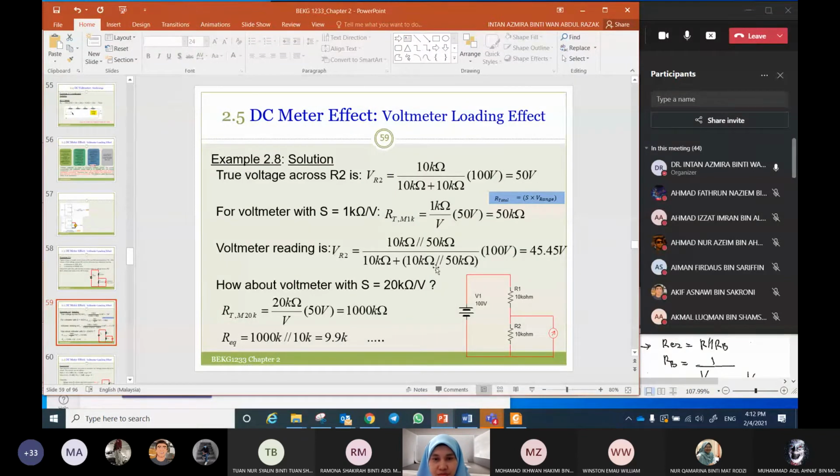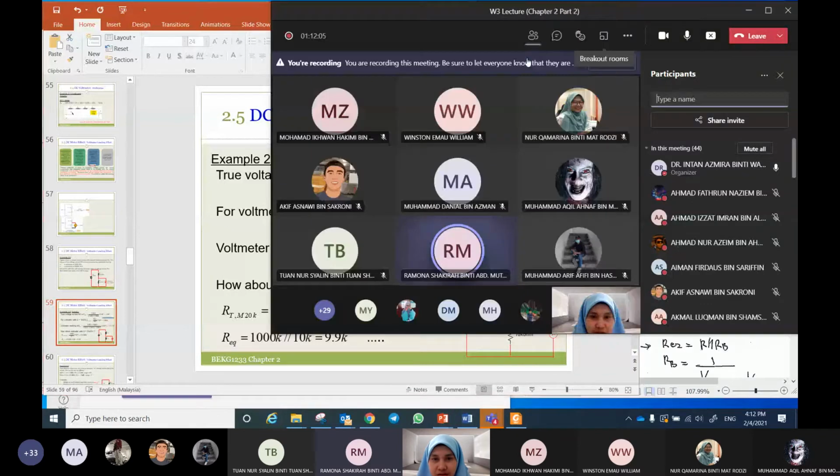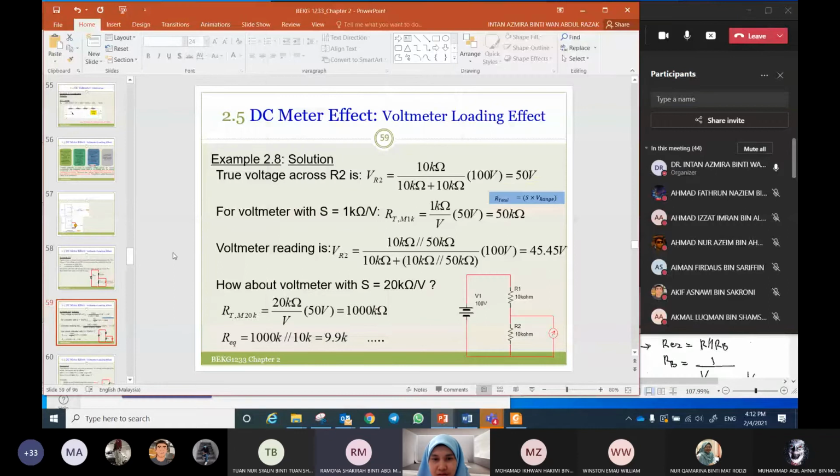How to find VR2? 1000K parallel with 10K divided by 10K. Okay, actually we have calculated, it is 9.9K. So how to find VR2? 9.9K divided by 10K plus 9.9K times 100 volt.